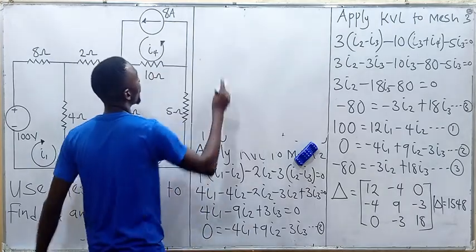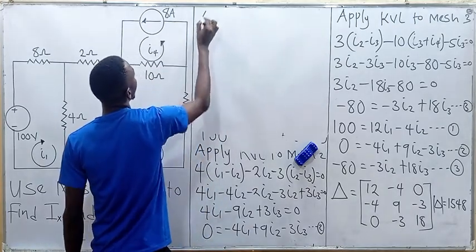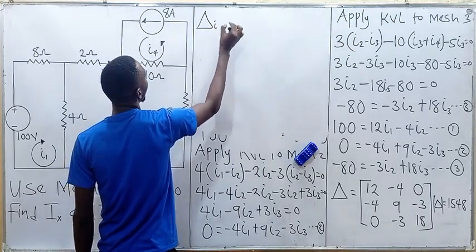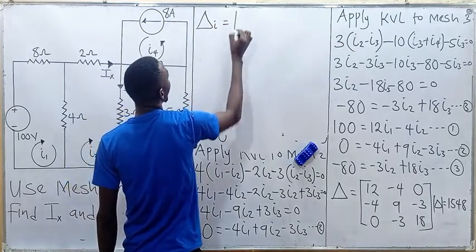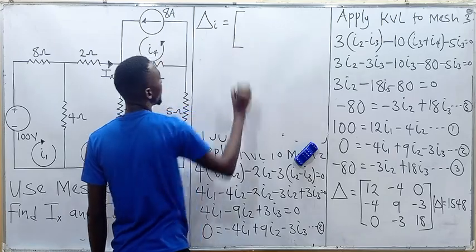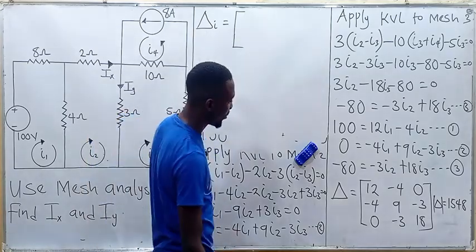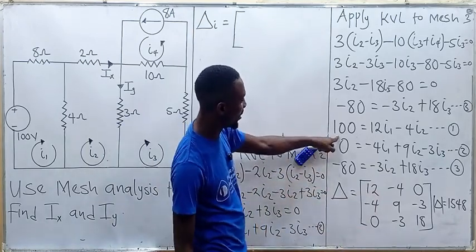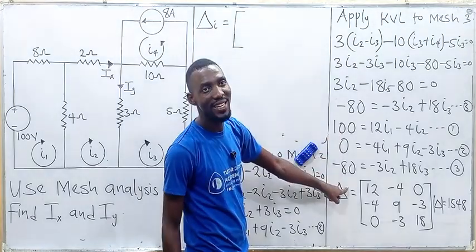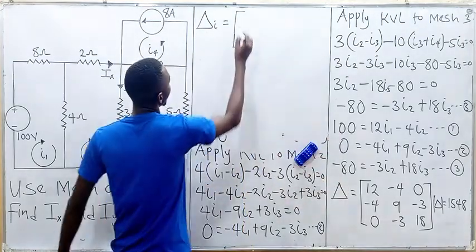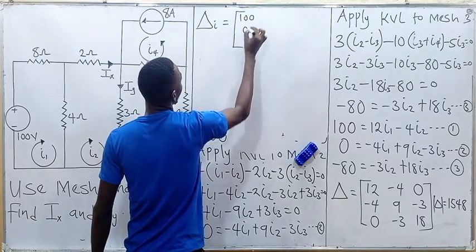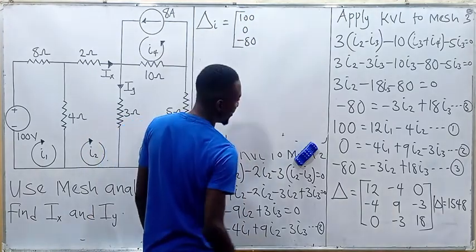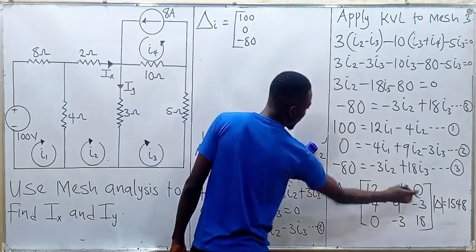Exactly. All right. So here, the next one is change in I1. For I1, we are going to replace this column with our answer, which is 100, 0, and -80. So then we keep these two that are here.